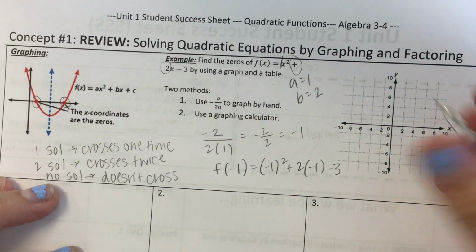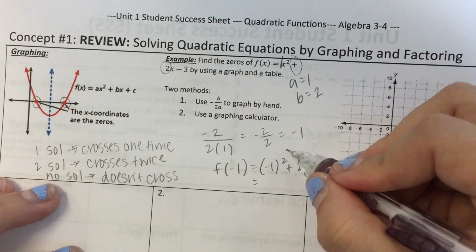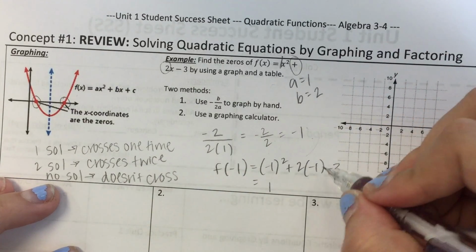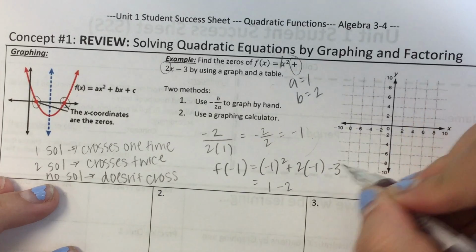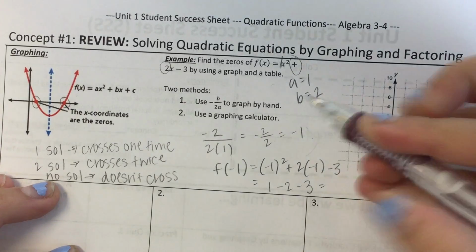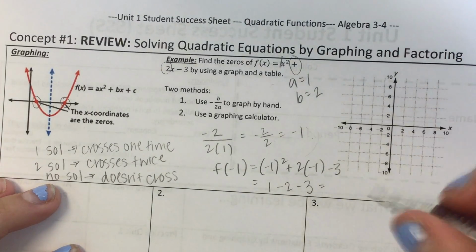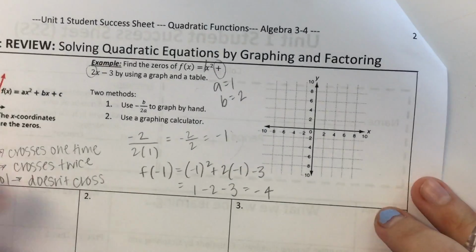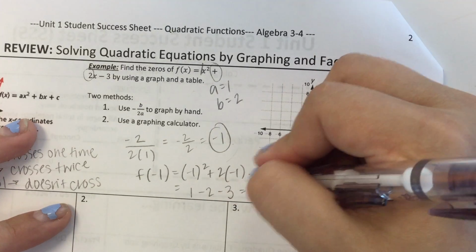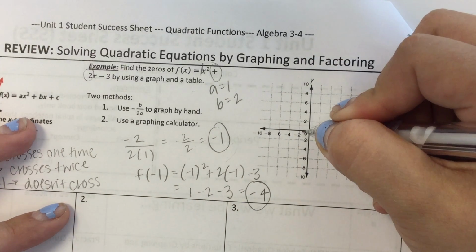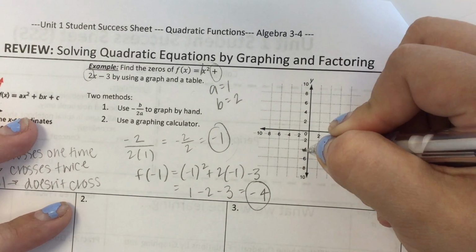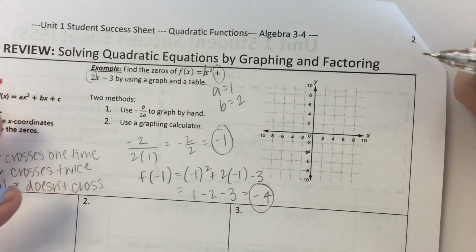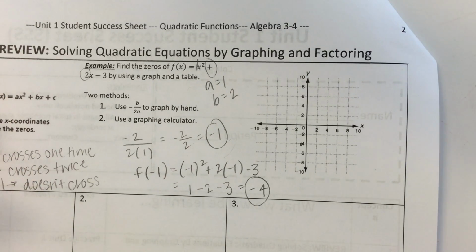Negative 1 squared is 1, 2 times negative 1 is negative 2, minus 3. 1 minus 2 minus 3 is negative 4. So our vertex is at negative 1, negative 4.